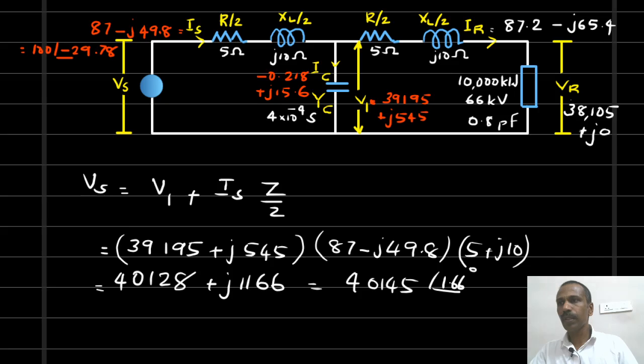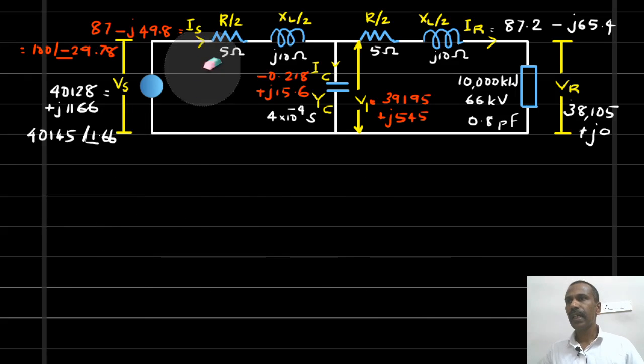So Vs equals 40,128 plus J1166. This is the sending end voltage. In the R theta form, this is 40145 angle 1.66.